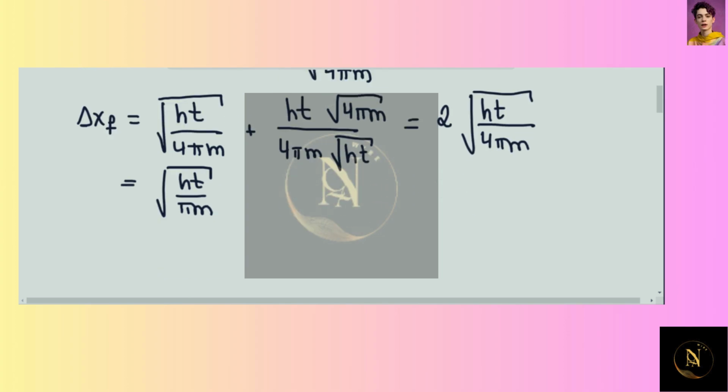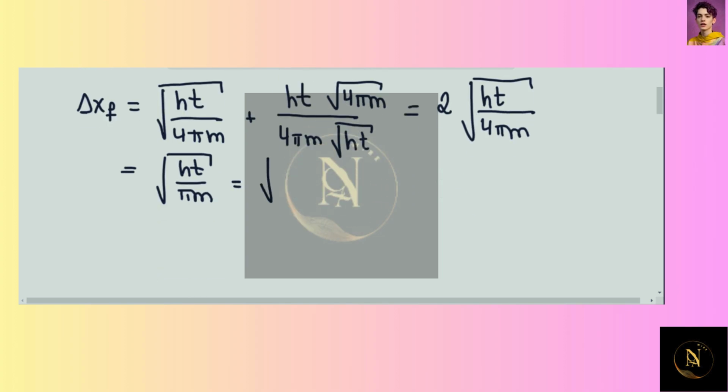And now we can substitute the numbers. First, before substituting the numbers, just notice that t is the square root of 2h divided by g.